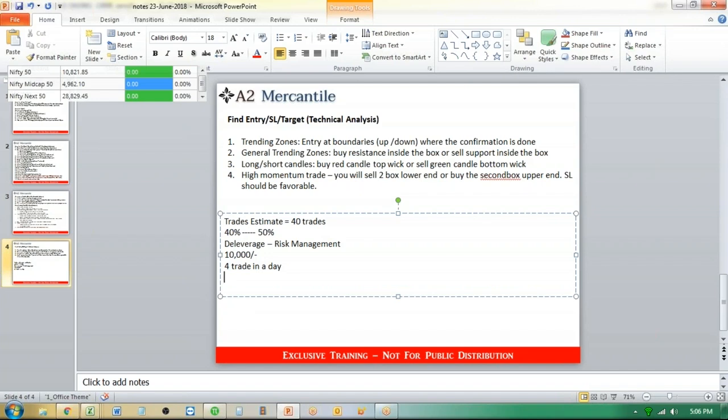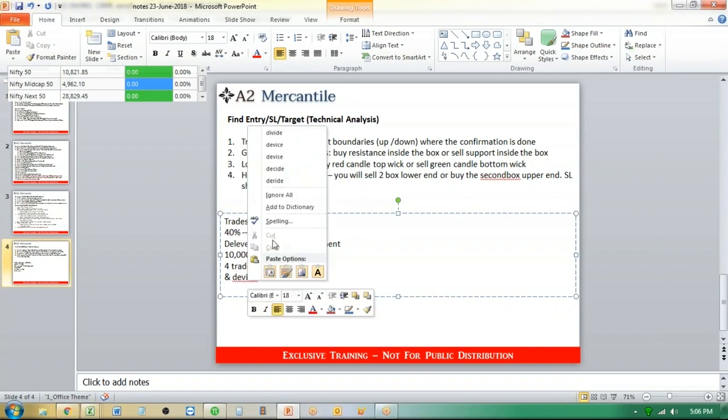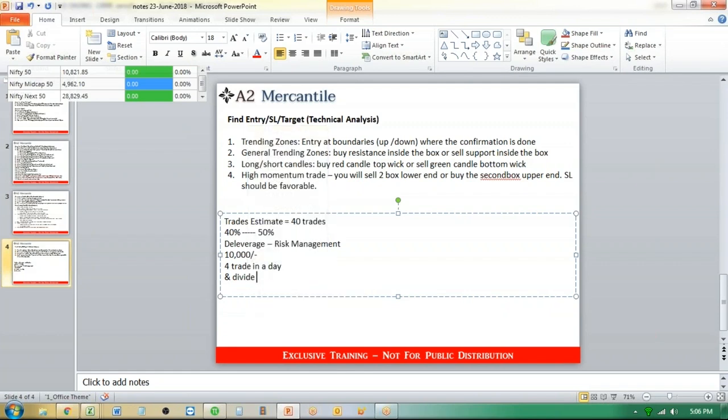And you will divide this 10,000 into 4 equal parts.